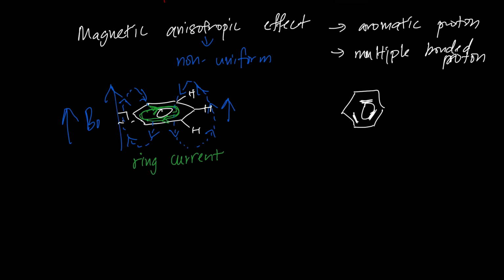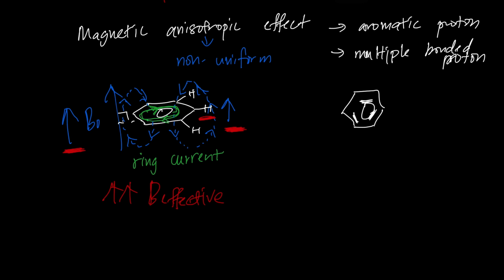So now you have the supply magnetic field and the secondary magnetic field. This will make the aromatic proton experience a greater effective magnetic field.